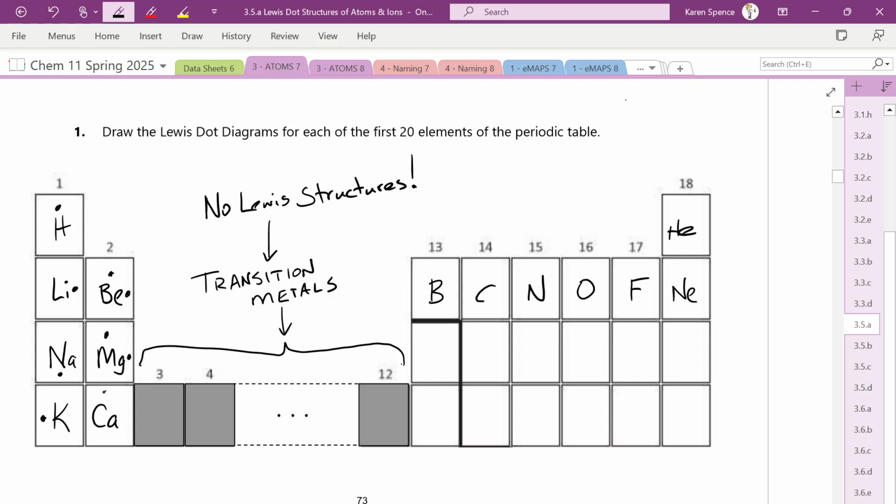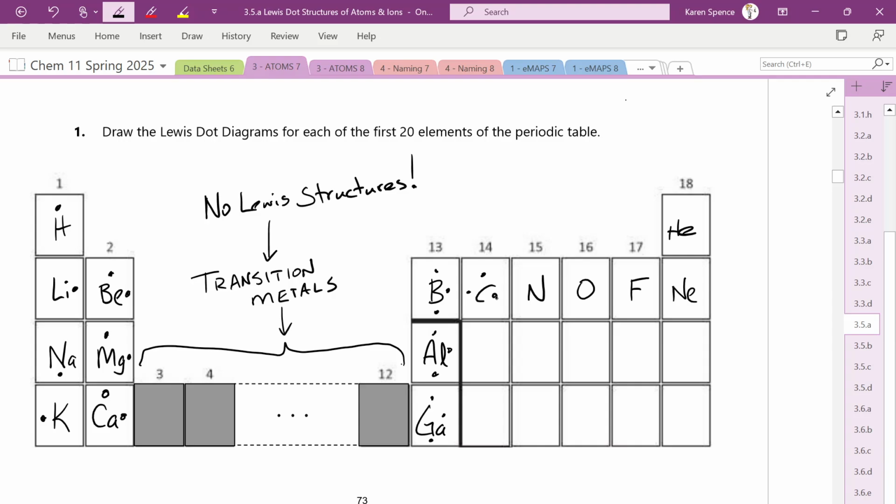So what your work should be looking like now: everything in group 2 should look the same. Everything in group 3 should have the same pattern. Boron, aluminum. What's under aluminum? Gallium. 1, 2, 3.